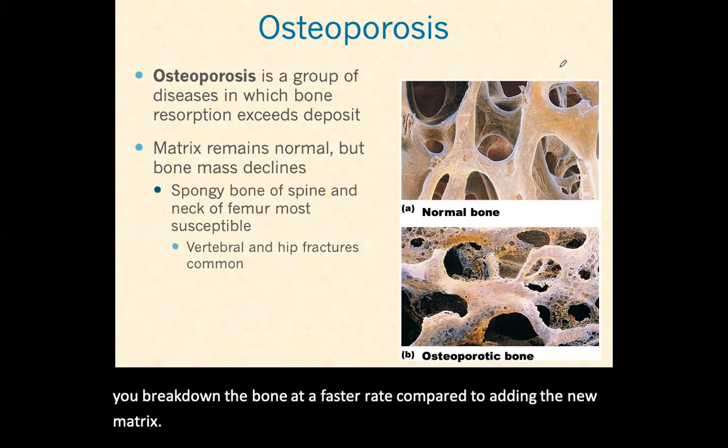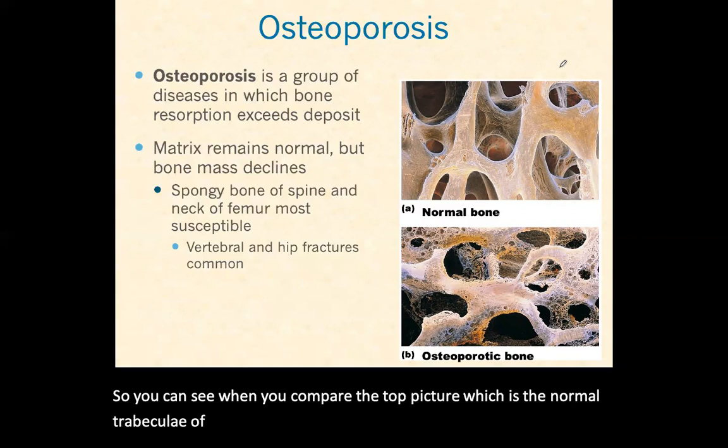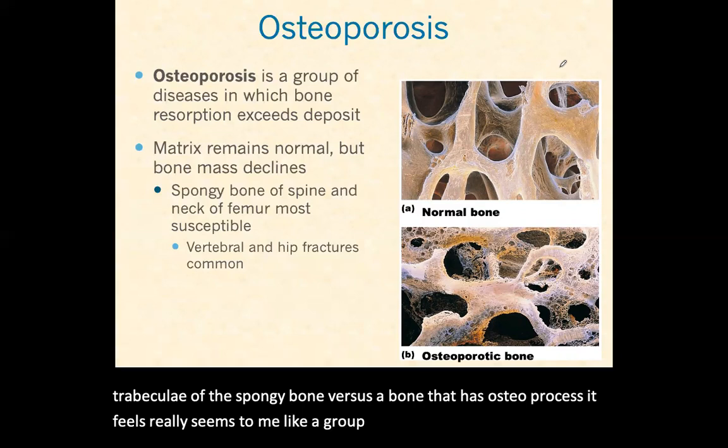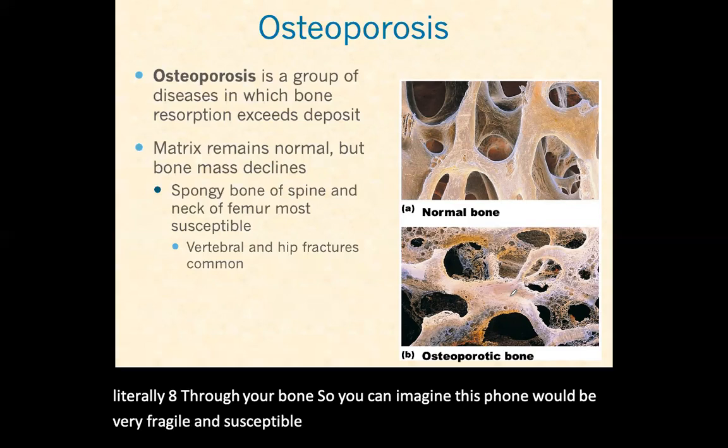You can see when you compare the top picture, which is the normal trabeculae of the spongy bone, versus the bone that has osteoporosis, it seems to me like a group of termites have attacked and literally eaten through your bone. So you can imagine this bone would be very fragile and susceptible to fractures.